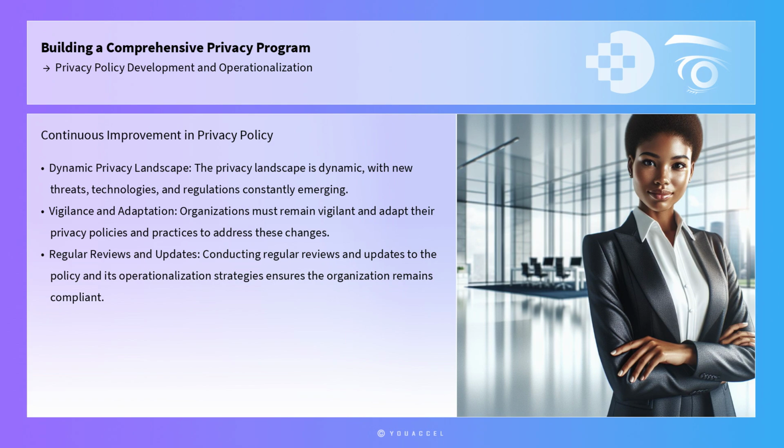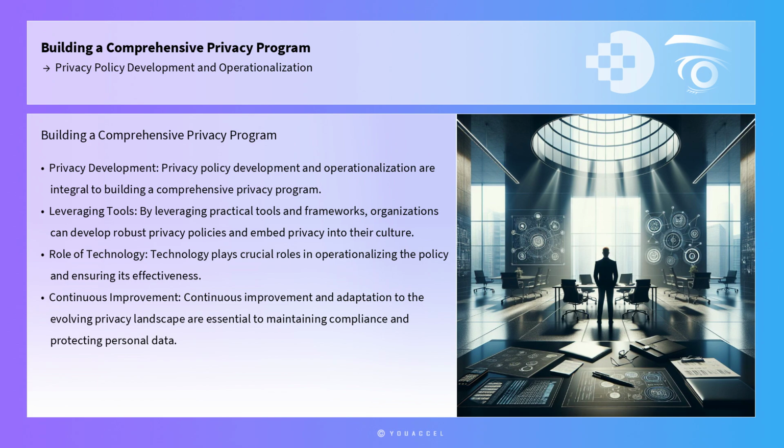In conclusion, privacy policy development and operationalization are integral to building a comprehensive privacy program. By leveraging practical tools and frameworks, such as privacy impact assessments and privacy by design, organizations can develop robust privacy policies and embed privacy into their culture and operations.